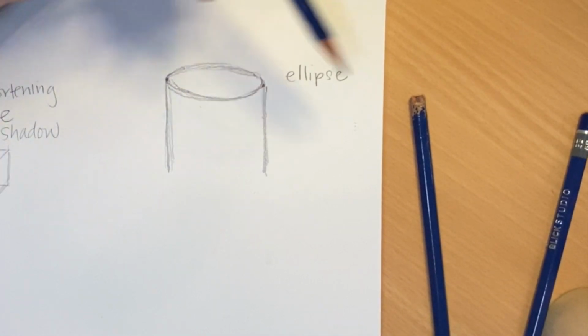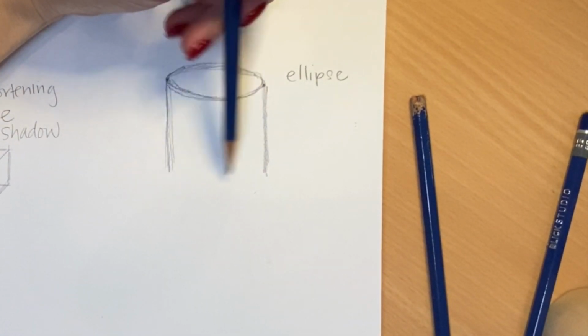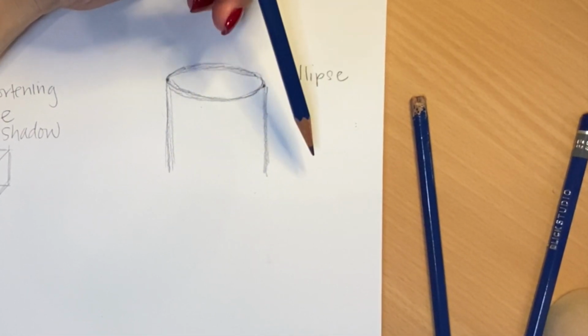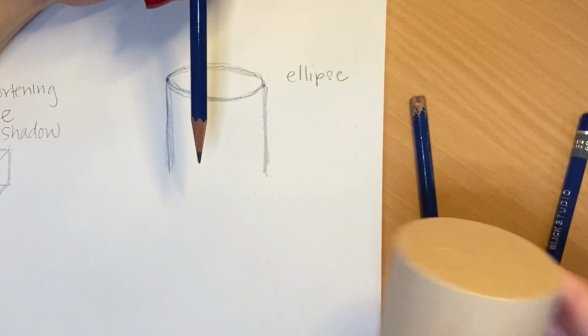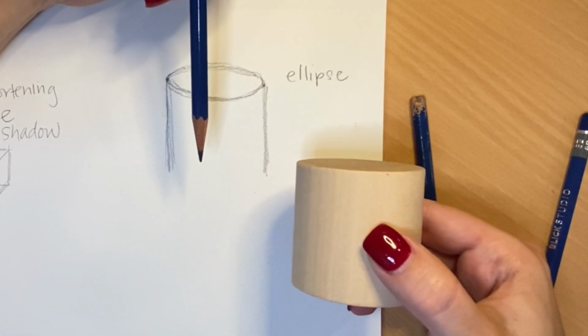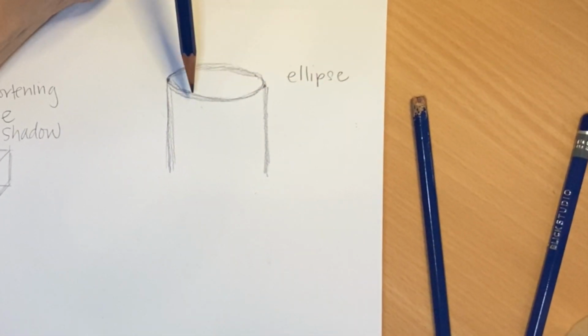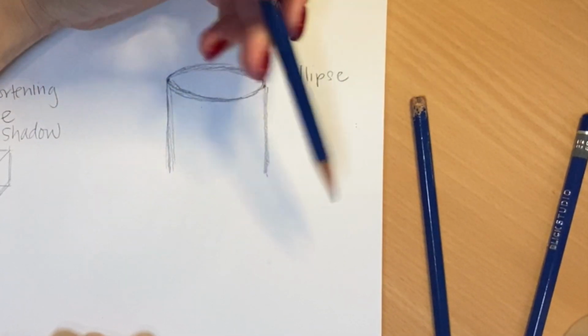Then we're going to create that curve shape at the bottom, because if we do a straight line here, it's going to end up looking like a French fry bag, and we don't want that. We want it to be a cylinder. So we're drawing as if we're looking at it like this. This line is going to be mimicked or imitated down here.